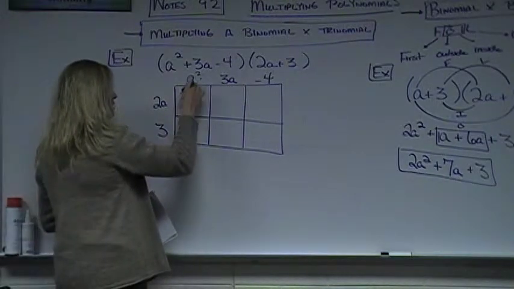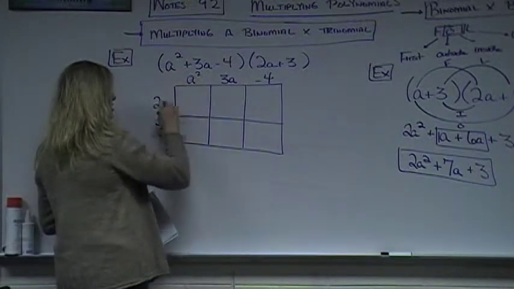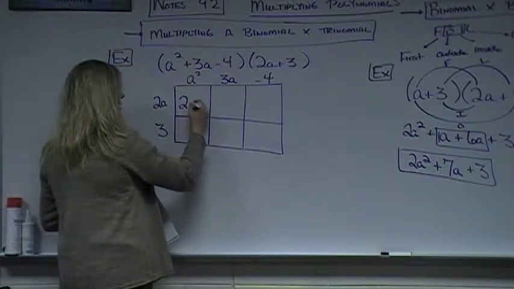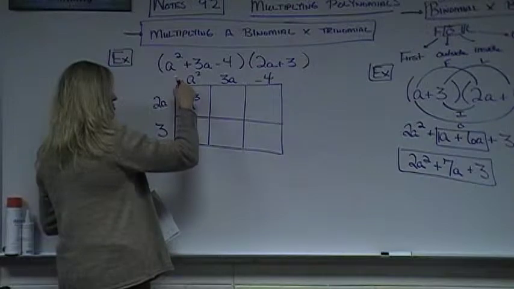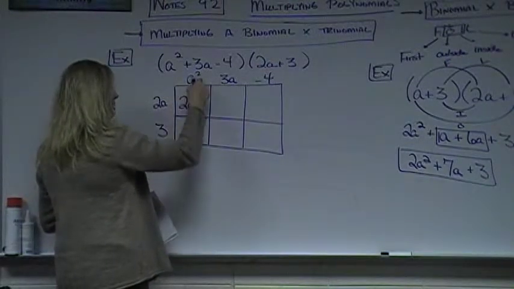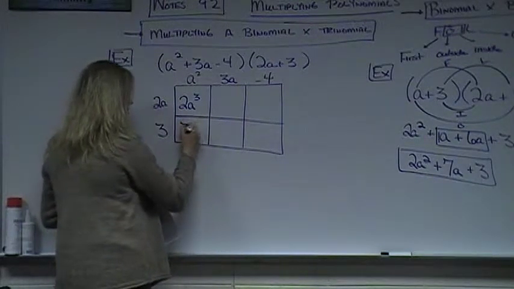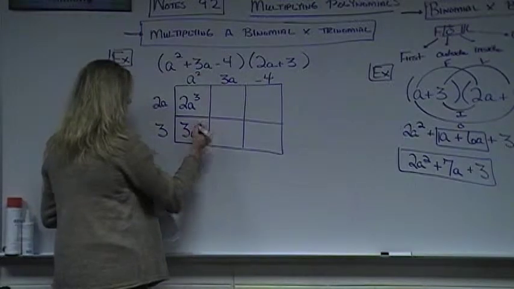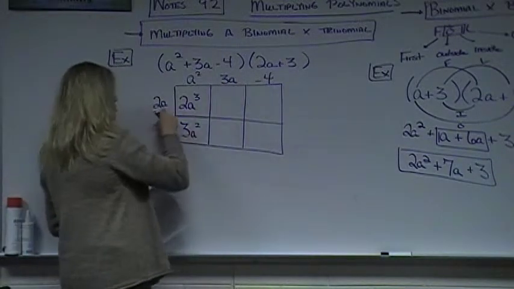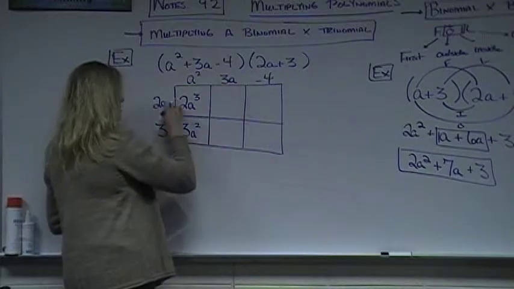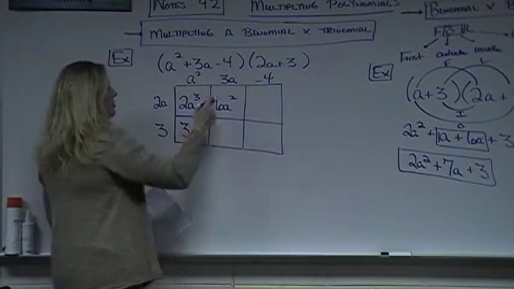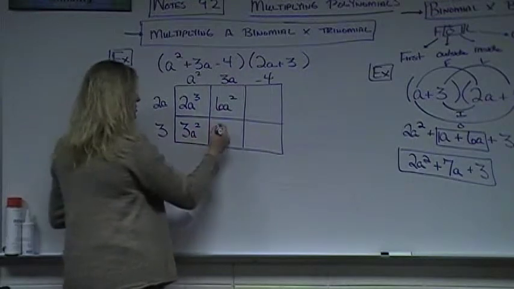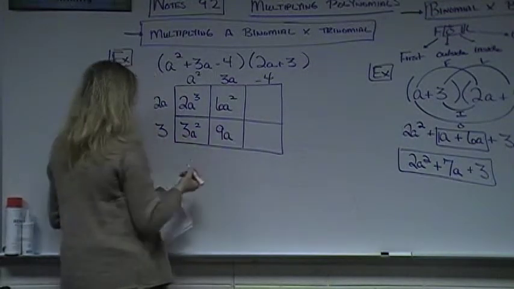To get this, we multiply this times this. So a squared times 2a is 2a to the third. Remember, when we multiply, we multiply the coefficients, but we add the exponents. A squared times 3 is 3a squared. 3a times 2a would be this one, so 3a times 2a is 6a squared. 3a times 3 is going to be 9a.